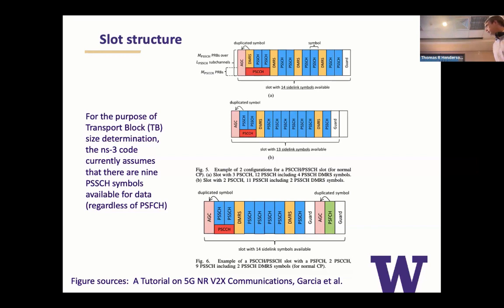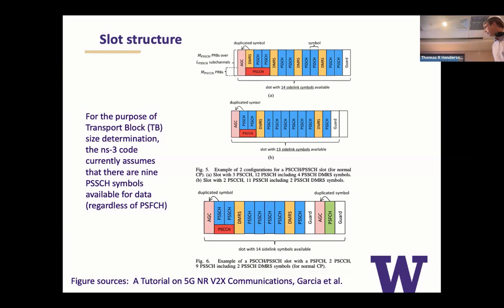And one of the things in terms of scheduling, if we're scheduling across a slot, is that we need to know how many symbols are available for data. Depending on how things are configured, there could be different numbers of symbols available for traffic, leading to a different capacity for that configuration.